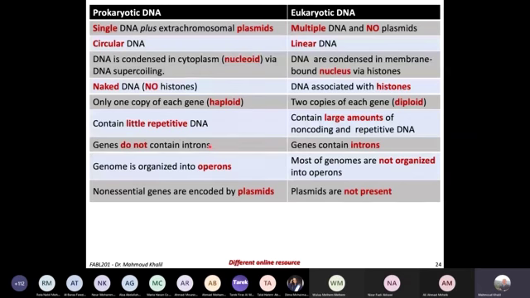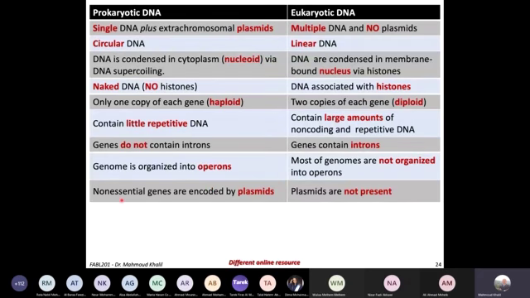Introns are regions of non-coding DNA, but in the eukaryotes you have a lot of introns, and we will deal with introns in the fourth lecture. The genome here is organized in operons, which are functional units for gene expression, but these usually don't exist in eukaryotic DNA, and we will deal with operons in the next lectures.